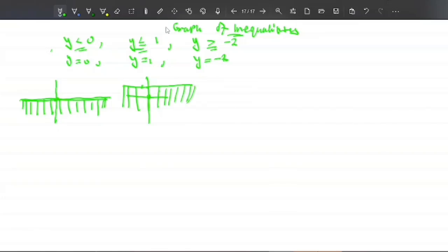Now let's change this one to y greater than -2. You plot your graph like this, then locate -2. This is 0, this is -1, and this is -2. So your line passes through -2.